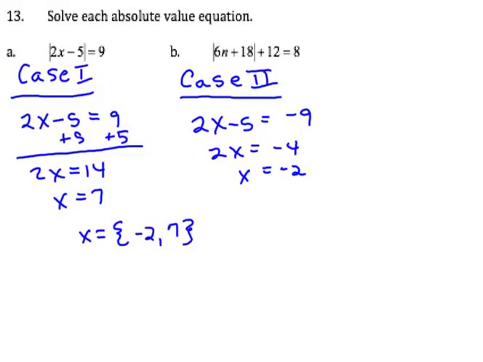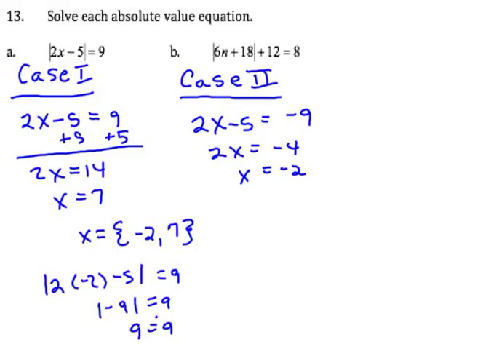And to check those, remember, you just plug back in. So I'm going to start with negative 2. I have the absolute value of 2 times negative 2 minus 5 equals 9. 2 times negative 2 is negative 4, minus 5, which is the absolute value of negative 9 equals 9. And of course that gives us 9 equals 9.